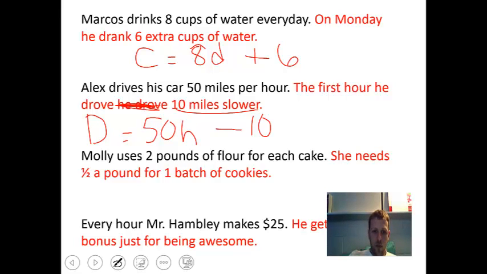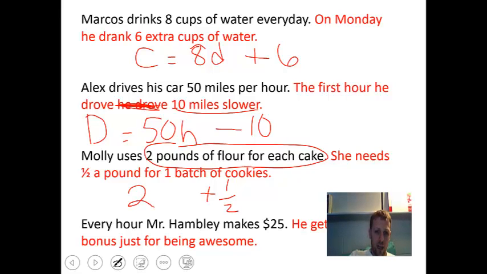Molly uses 2 pounds of flour for each cake. I found my ratio. She needs a half a pound for 1 batch of cookies. So she needs more flour. So I'm going to add an additional half pound to my 2 pounds for every cake that I make. And that's for the amount of flour I need.